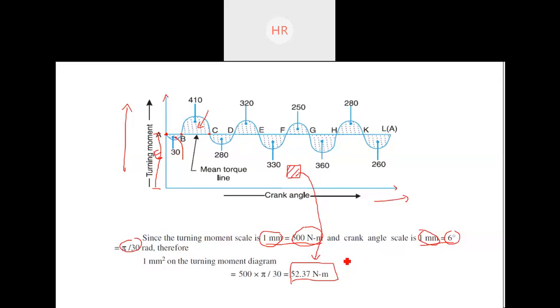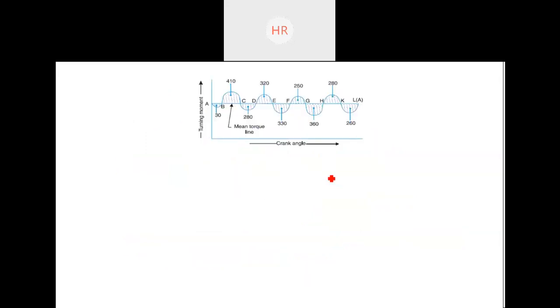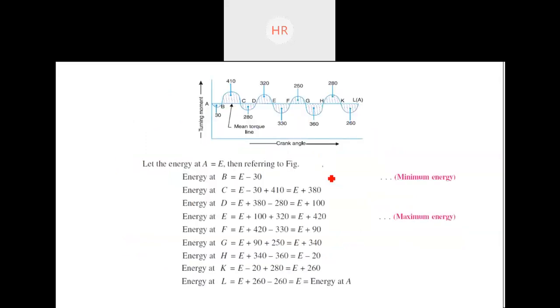of energy. The area value is already given to us, 410 mm square. So if I convert this area into energy, then I can get what amount of energy is available over here. We will convert the energy at last.